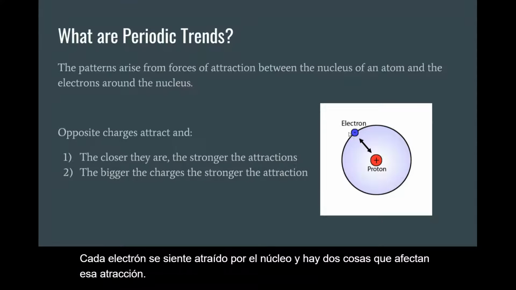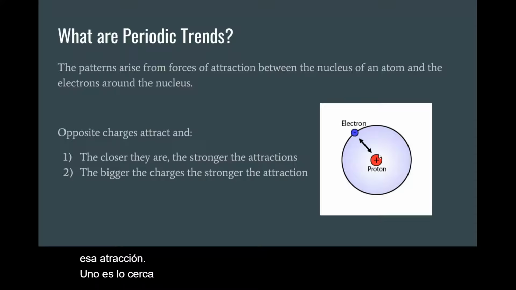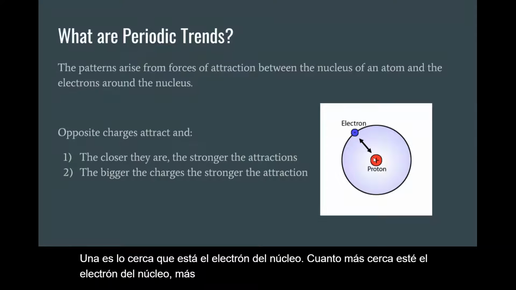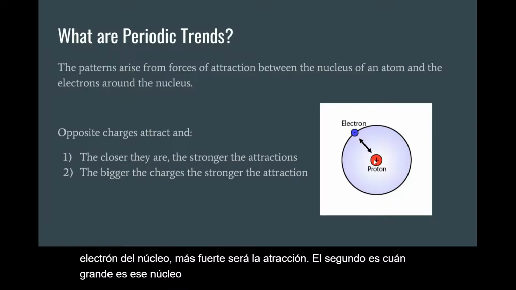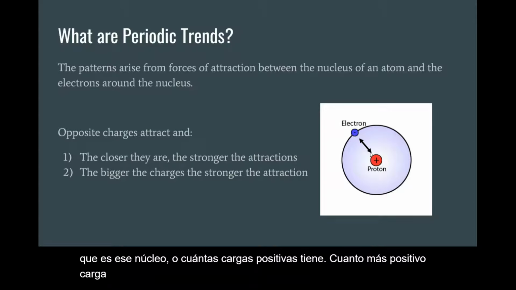One is how close the electron is to the nucleus. The closer the electron is to the nucleus, the stronger the attraction will be. The second is how large that nucleus is, or how many positive charges it has. The more positive charges a nucleus has, the stronger the attraction.